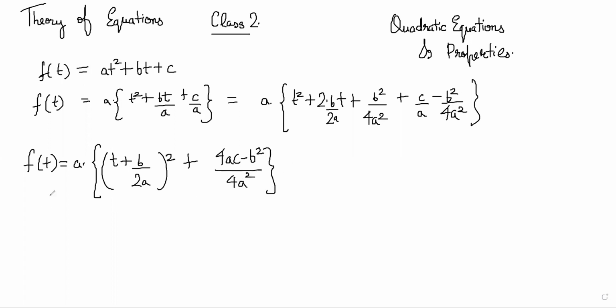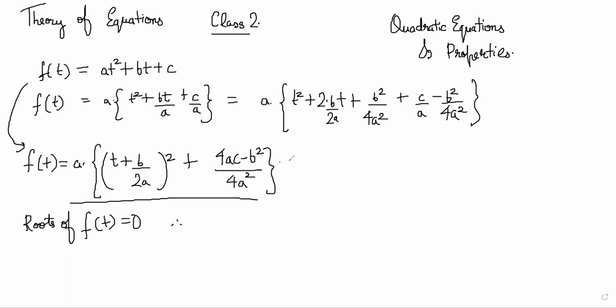So this is my quadratic polynomial. I have just rewritten it in this form by completing the square. If you are searching for roots of f(t) = 0, then you can write a times this equal to 0.